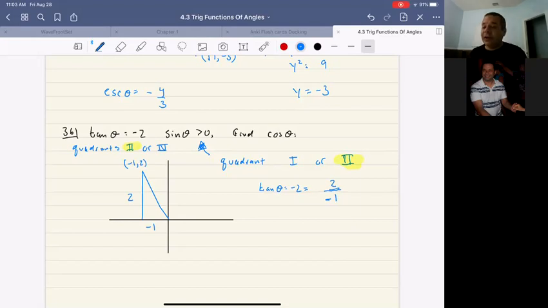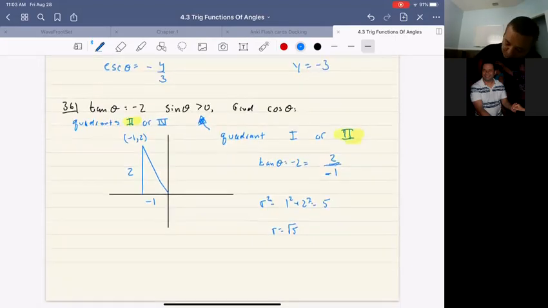So now we've got to find r. Well, r squared is, of course, 1 squared plus 2 squared is 5. R is √5. So let's find cosine of theta. Cosine theta is -1 over √5.